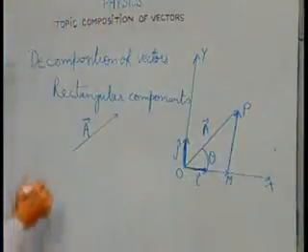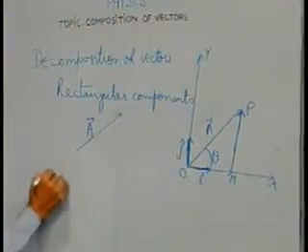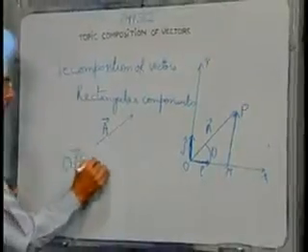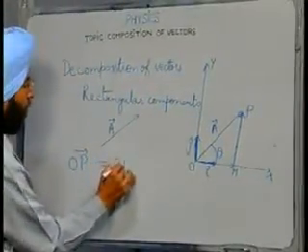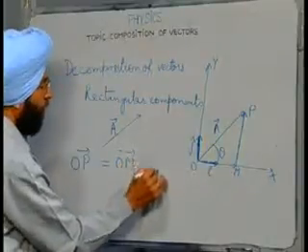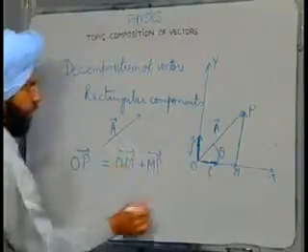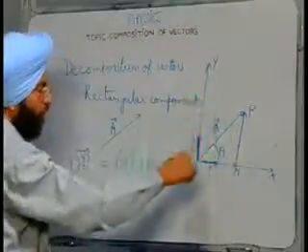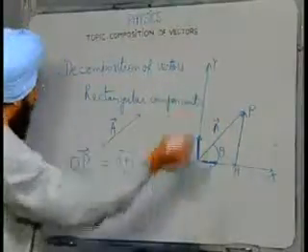In this triangle, OP vector is equal to OM vector plus MP vector. OM and MP are taken in the same order, OP is taken in the opposite order.